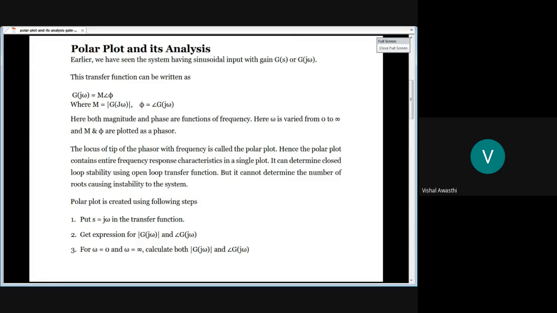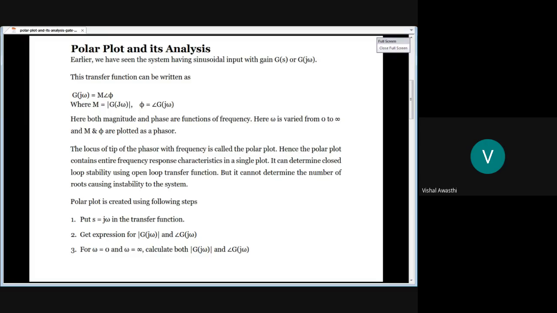So how to draw the polar plot. The steps are: in the first step, whatever G(s)H(s) is given to you, just put s equal to j omega in that transfer function. It means that the transfer function is now converted into j omega form. After that, you have to find the magnitude and phase.